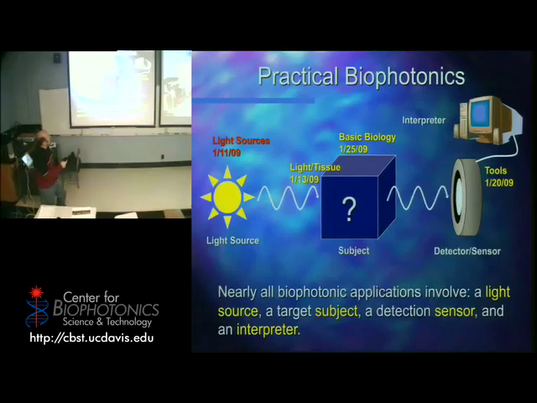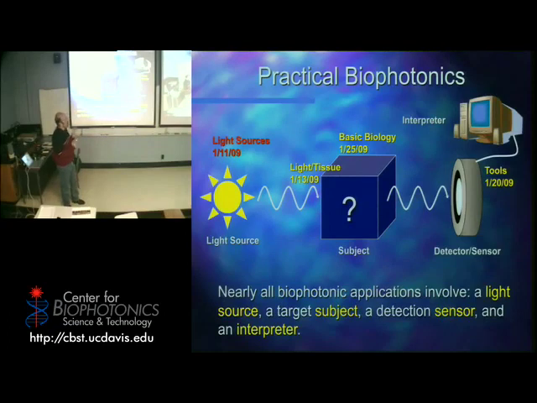Then we'll go on to tools and talk about ways in which light is detected and interpreted. On the 25th, because we have an intervening holiday, this is a Wednesday, and then the following Monday, you'll have some basics of biology. For a portion of you, that'll be a review. For some of you, it'll be kind of new material, but it'll give you a sense of the varieties of scales and the different things that we can study with biophotonics.